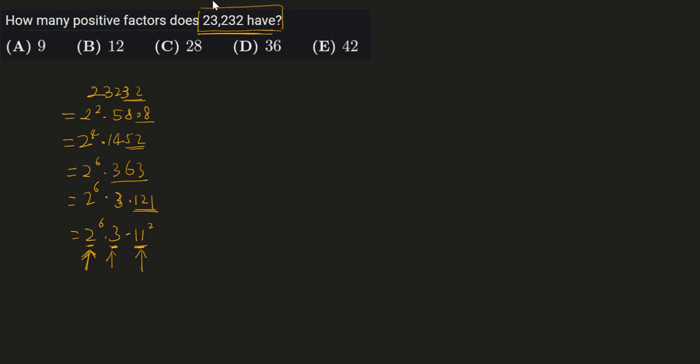Then let's start from 2. To construct this factor, we need to pick some 2's, right? Let's say this exponent is k1. Then k1 can certainly equal 6, we pick all of them. Or we can leave out some, so we can pick 5, 4, 3, 2, or 1. Is that all? No, because we can certainly skip this piece entirely, which means not picking it.